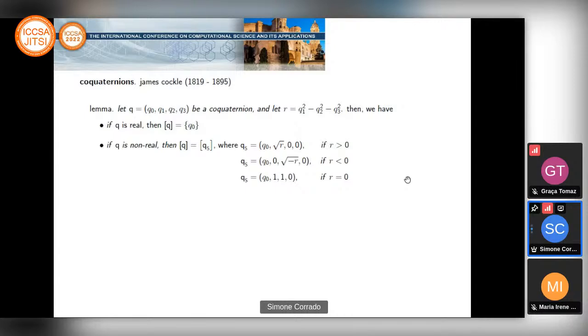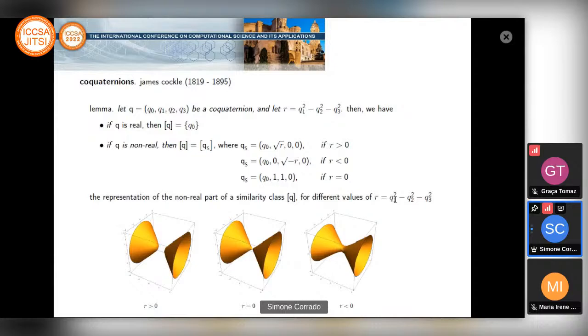But if it is non-real, we just say that the similarity class of Q can be given in a canonical way by this Q S, the representative of the similarity class. And this we have to choose according to this R that is defined over here.